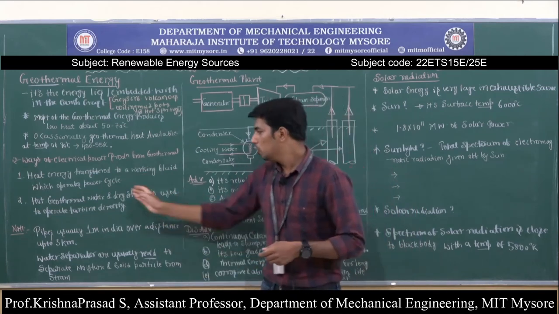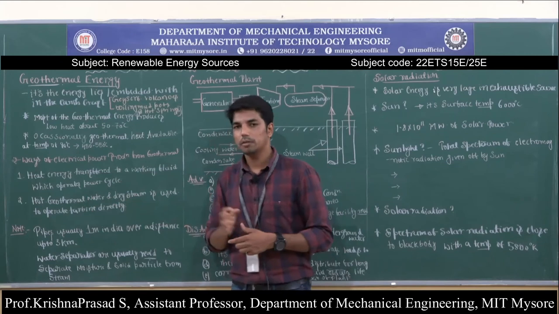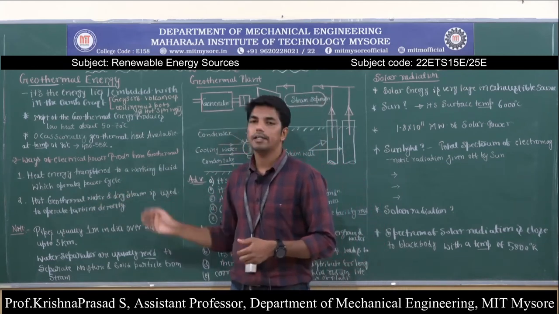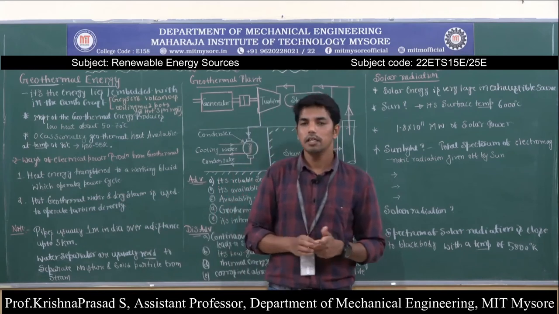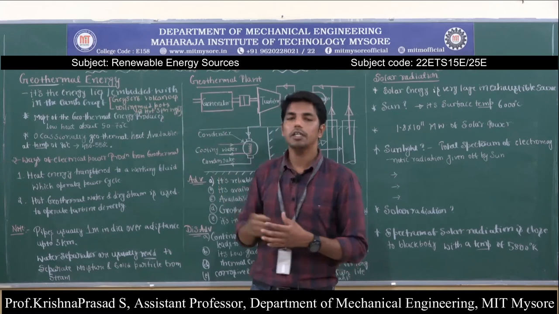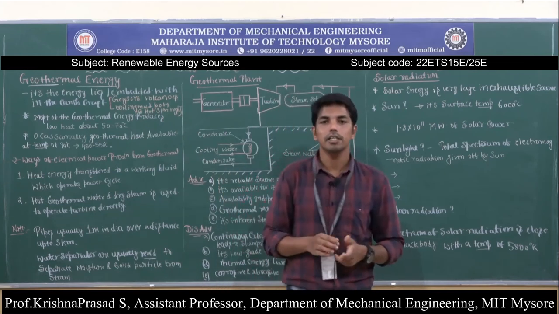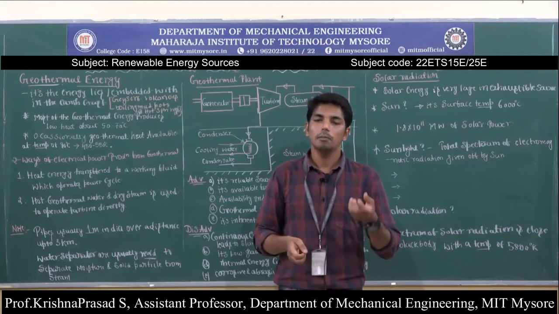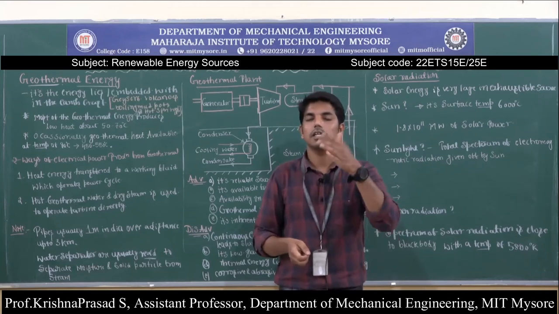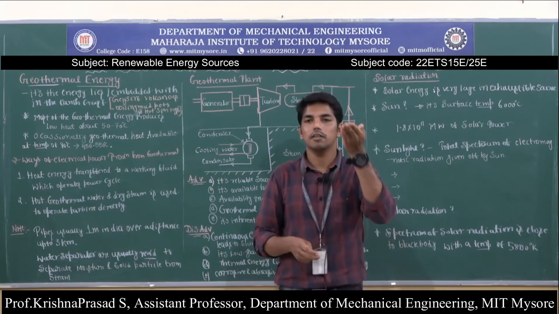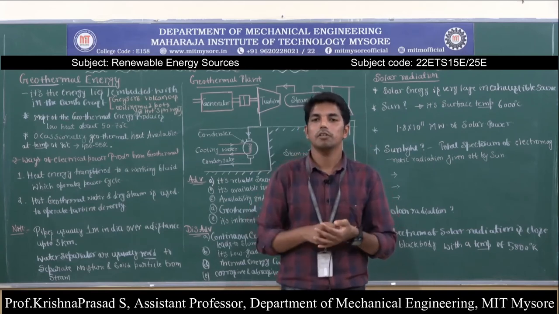Next, hot geothermal water and dry steam are used to operate the turbine directly. In this condition, especially in geysers, hot springs and boiling mud pots, hot water is pumped from the underground to the surface under pressure. When this hot water reaches the earth's surface, a pressure drop takes place.